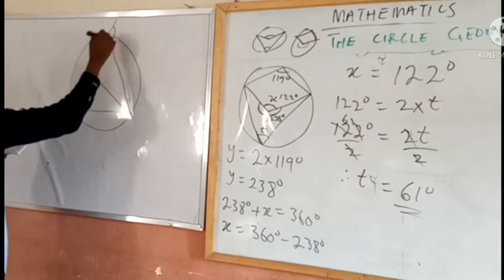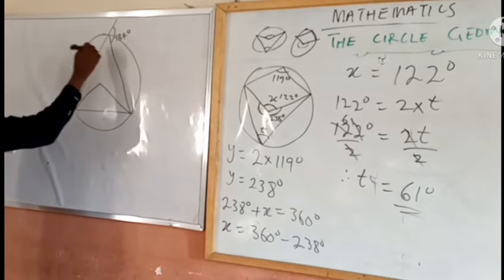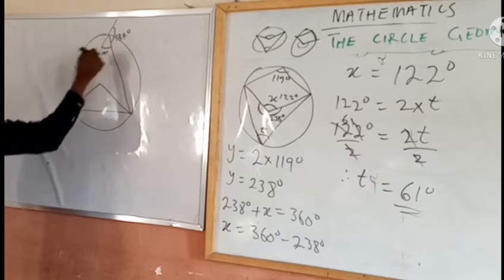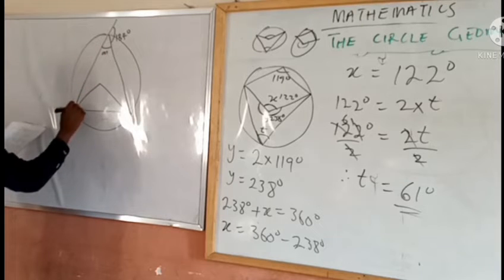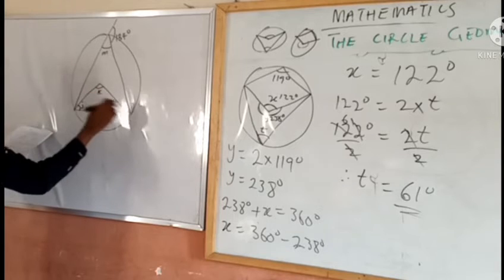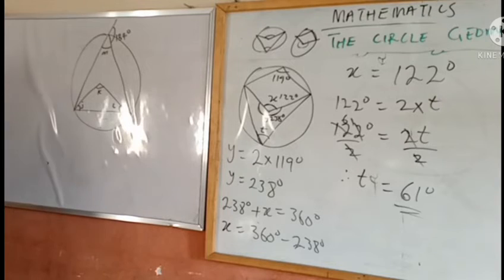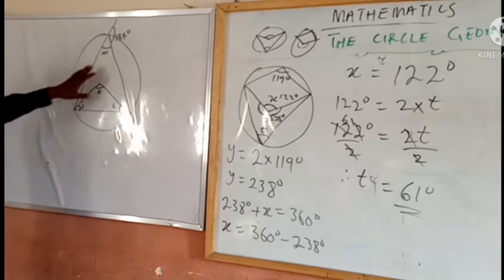So this place is 134 degrees. This is M. This is J, K, and L.